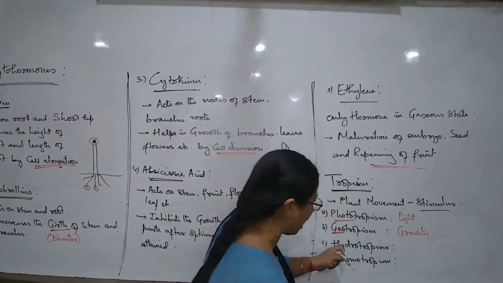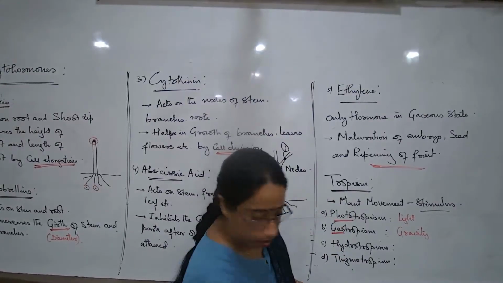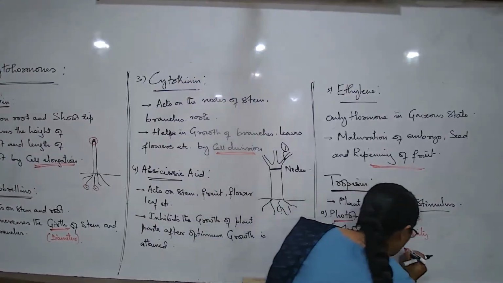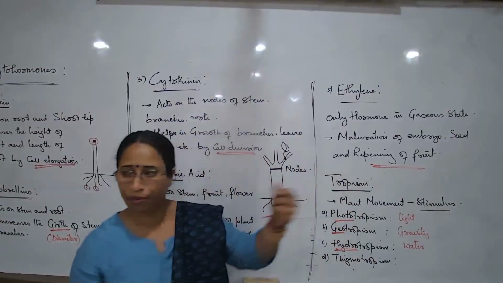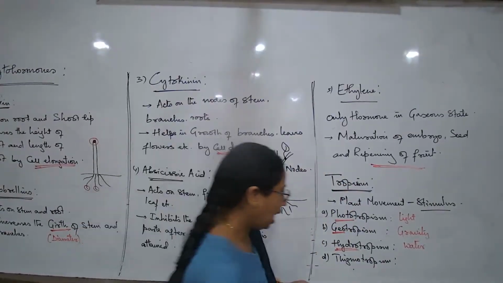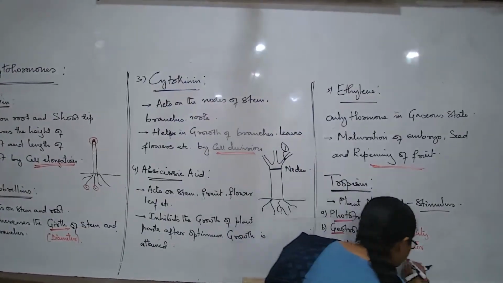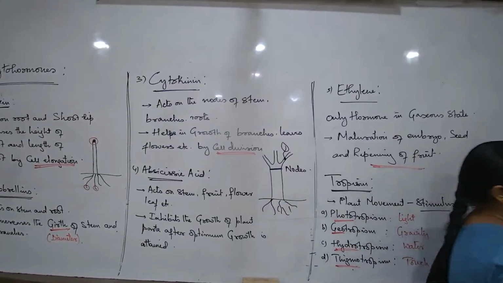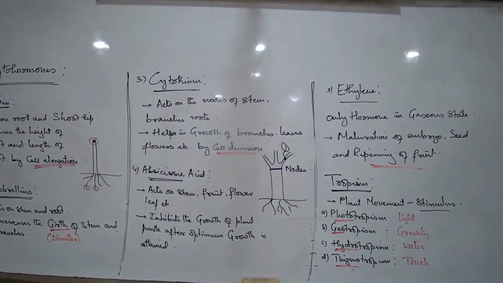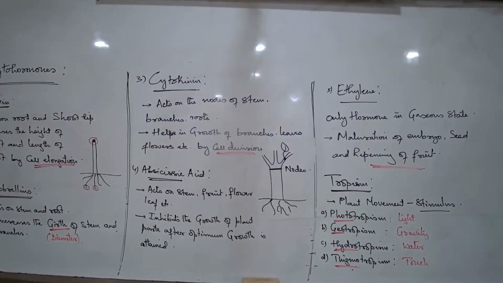In hydrotropism, what is the stimulus that allows the plant to show some response? Water. And in thigmotropism, touch.